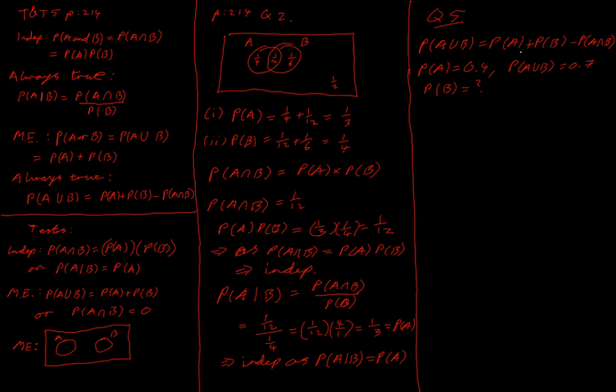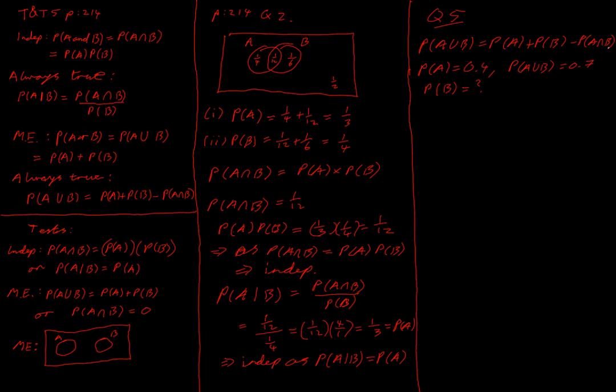We want a formula that only involves the probability of B and numbers. So this is our problem piece. I'm modeling how we would approach this in an exam. We have lots of information for this equation, but we don't have enough. This specifically is our problem.